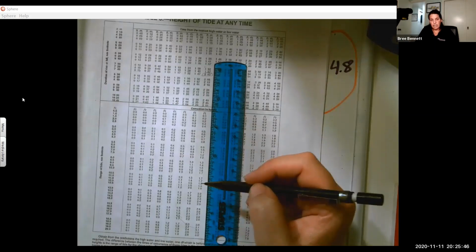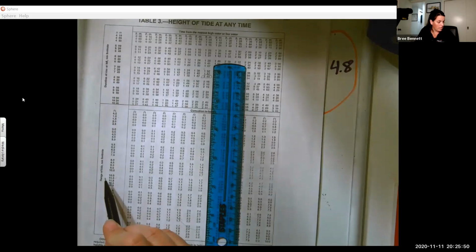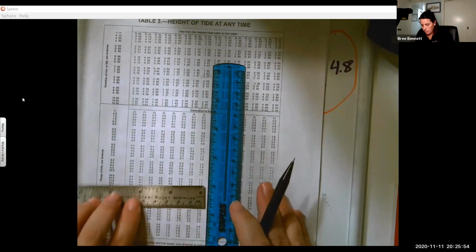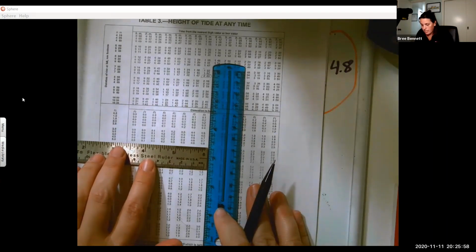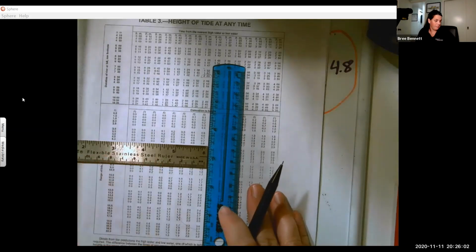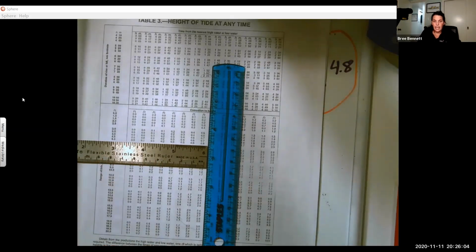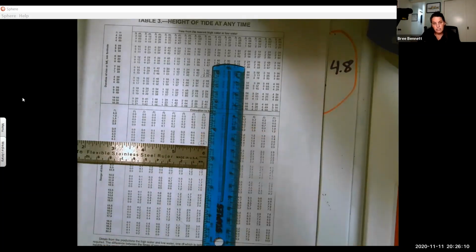Now I can go in with my range, which was 4.8. I'm going to find where my range of 4.8 is. We have closest to 5, so I'll just use 5. And I have a correction of 0.8.